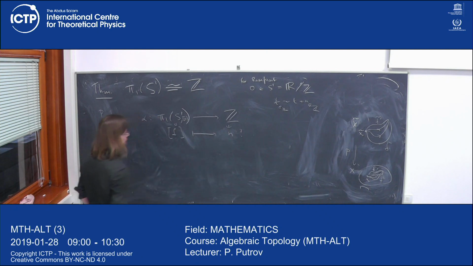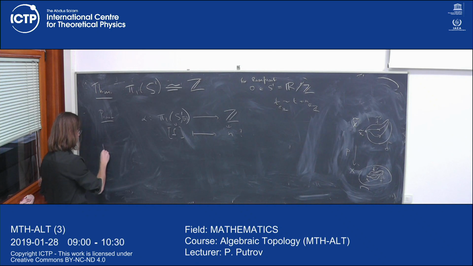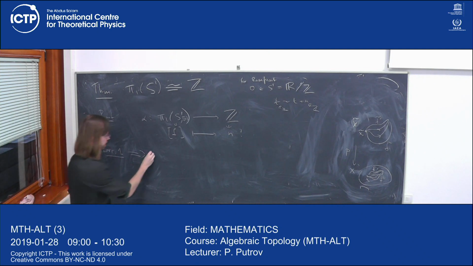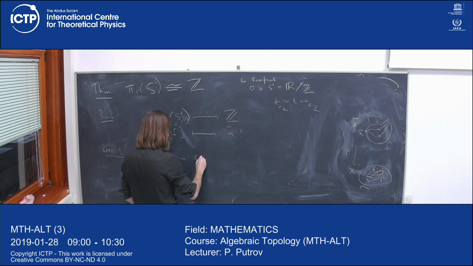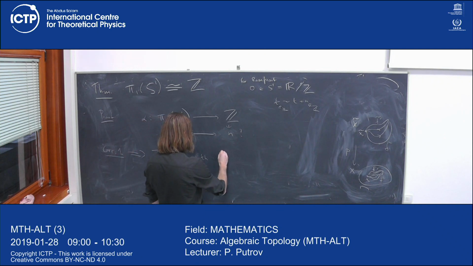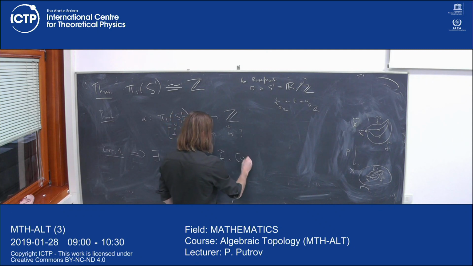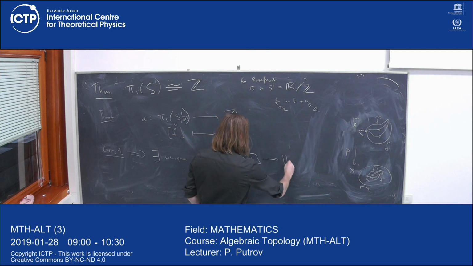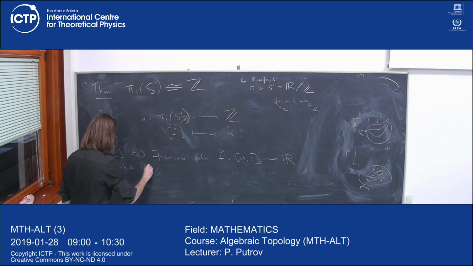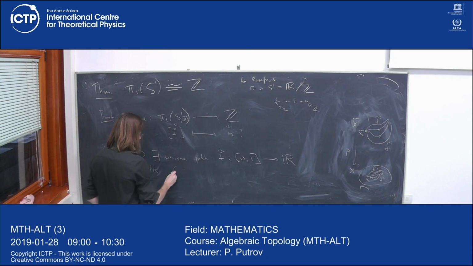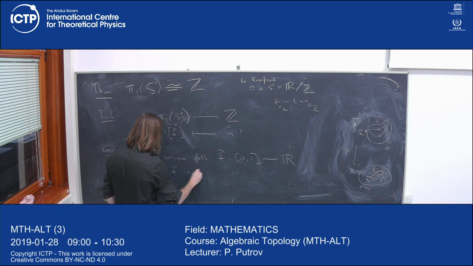So how do we do it? Given a path, I need to tell you what this integer is. From corollary 1, which we just had, it follows that there exists a unique path f tilde in R, which lifts f in S1.